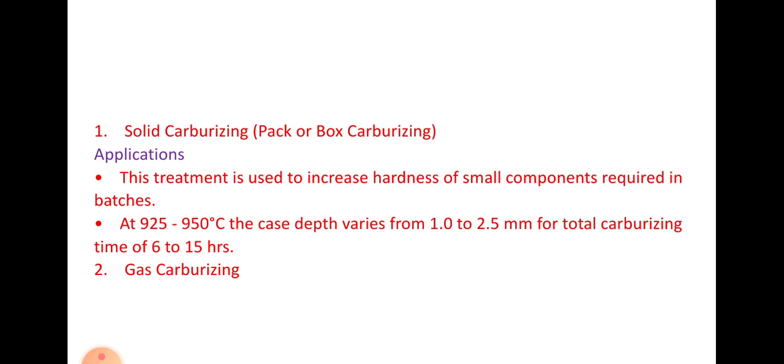In this treatment we can increase the hardness of small components required in batches, at 900 to 950 degrees Celsius, with a case depth of 1 to 2.5 mm, in 6 to 15 hours.